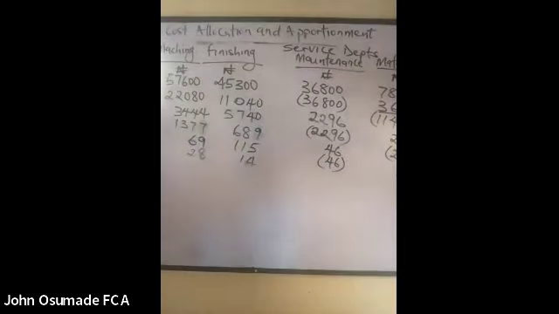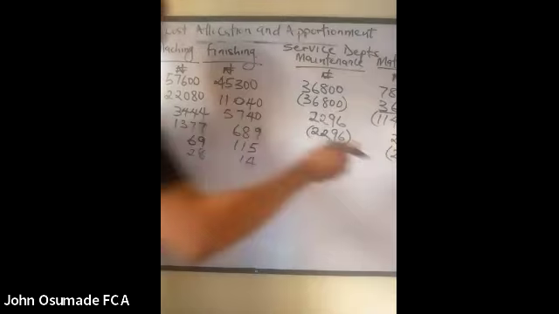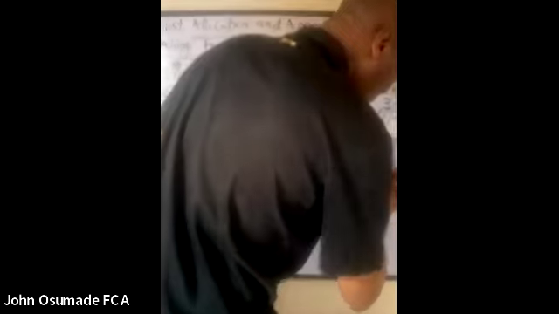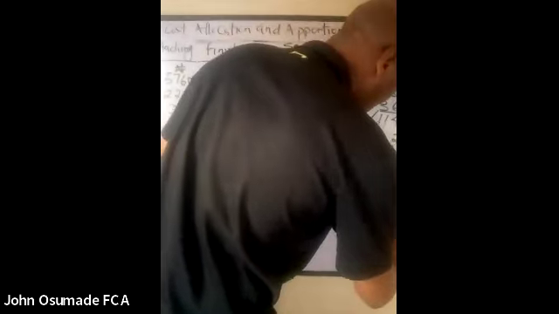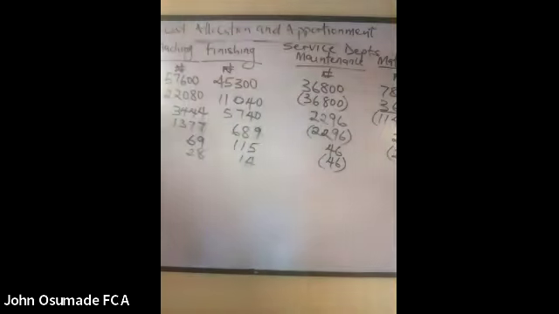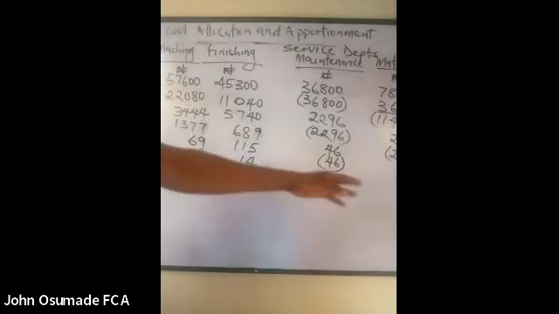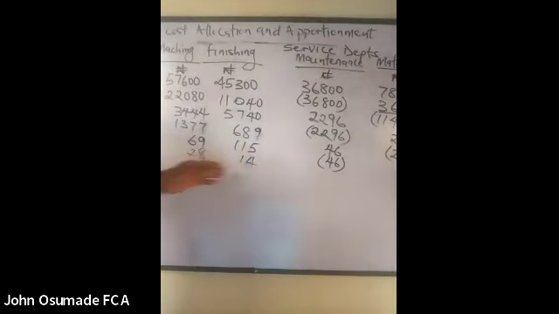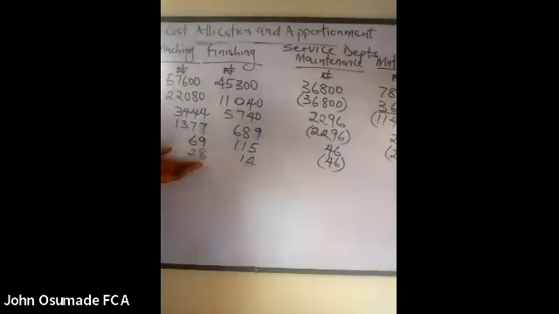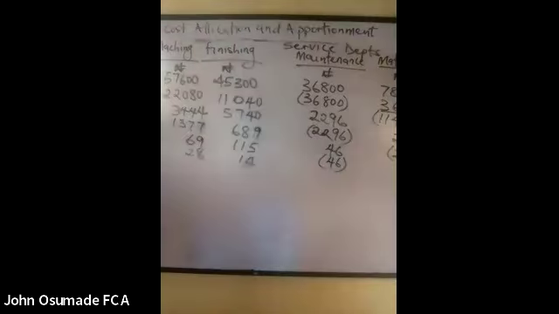So it's not this. This one should be 4 to give me 46. 18 plus 28 give me 46.